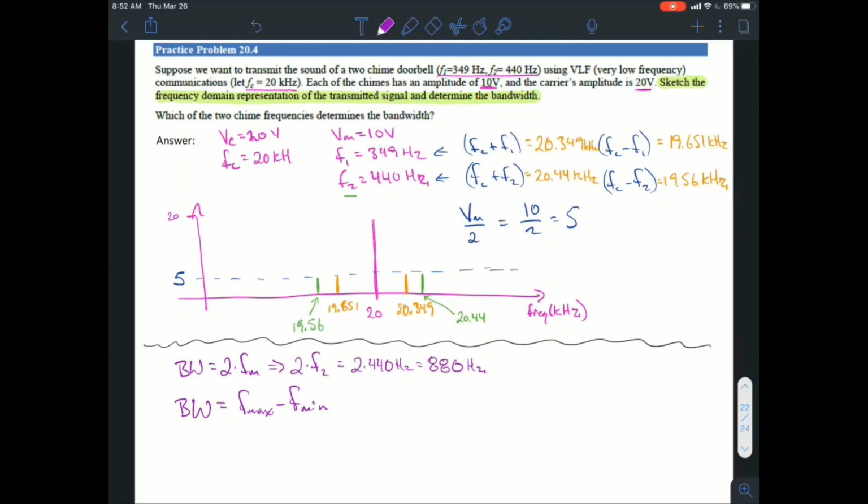Just come back over here, f max minus f min, and that becomes 20.44 kilohertz minus 19.56 kilohertz. And if you do that math out, you're going to get 0.88 kilohertz, and that equals 880 hertz. So that checks out both ways with the same answer.